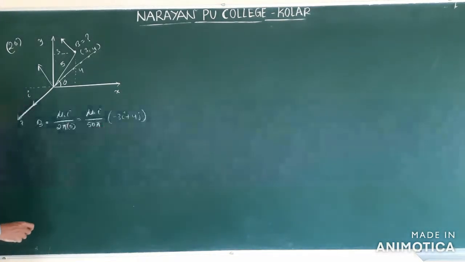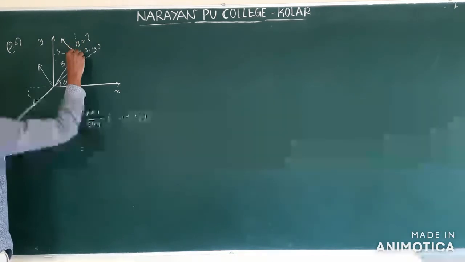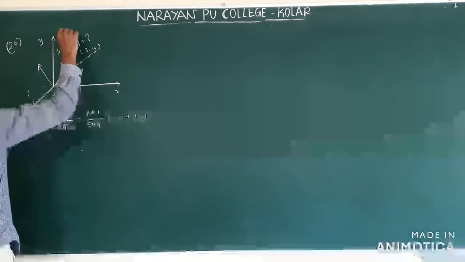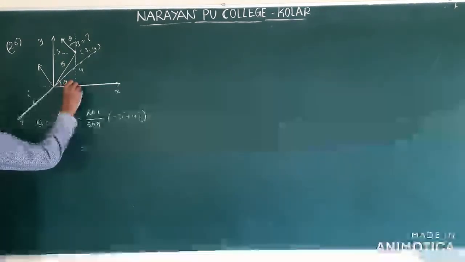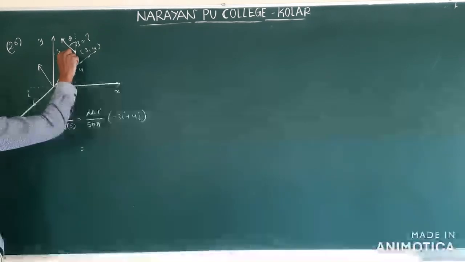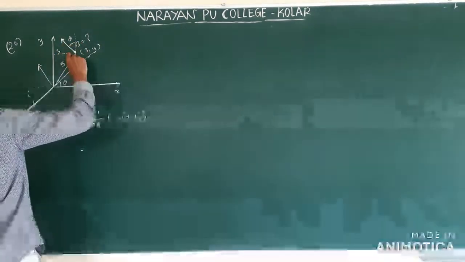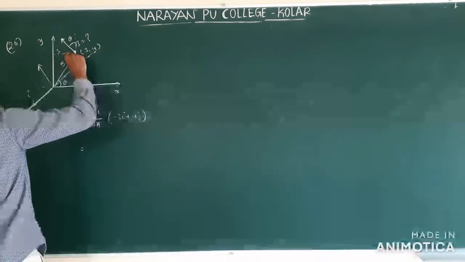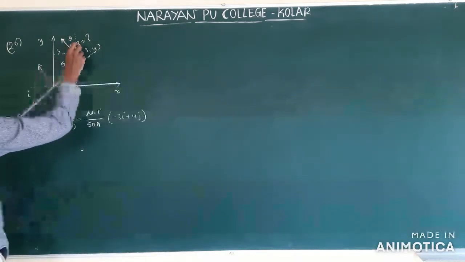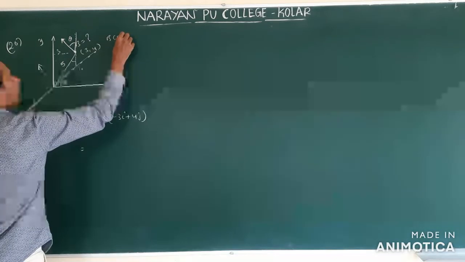Or another method is this. This is a straight line. If this angle is theta, this angle will also be theta. This is 90, so this will become 90 minus theta. Again, this is a straight line. If this is 90 minus theta and this is 90, obviously this will become theta. Then make the vertical component, which will be B cos theta.